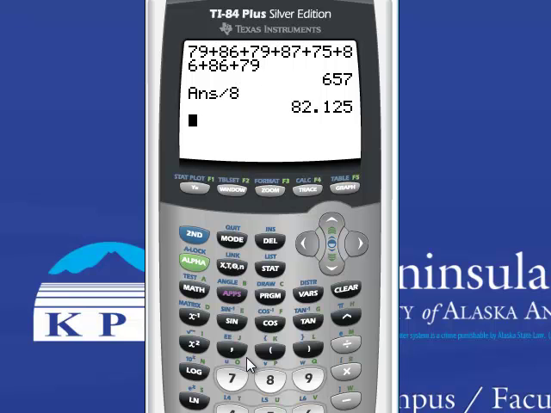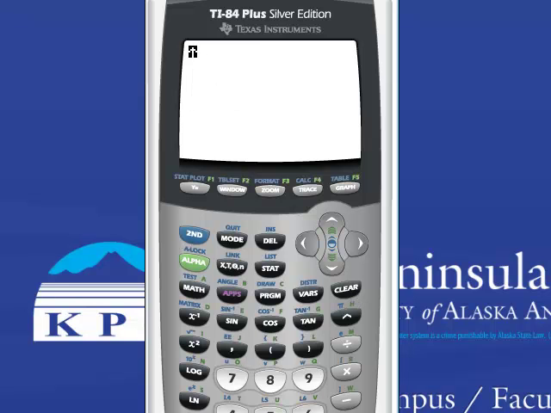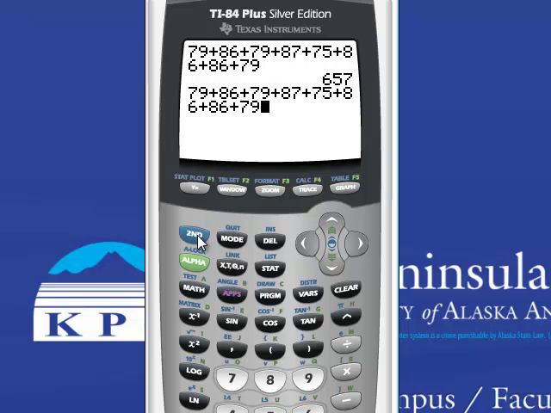Okay, doing it by hand for the standard deviation takes quite a few more steps. So I'm just going to get my data points back so that I can look at them. I don't actually need the 657 here, but I need these 79, 86, and so on. And I need that the average was indeed 82. There we go, 82.